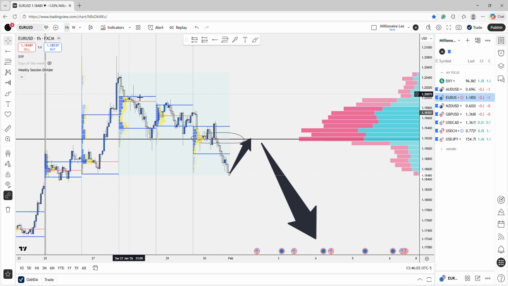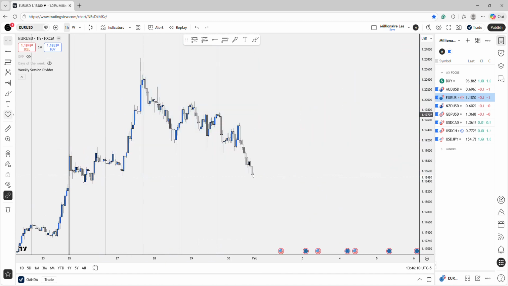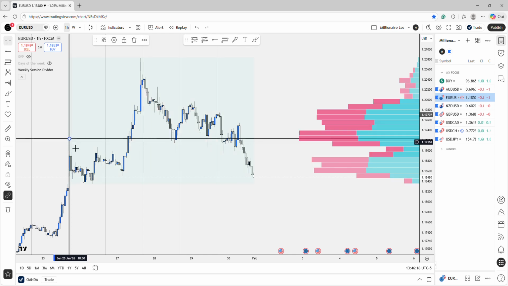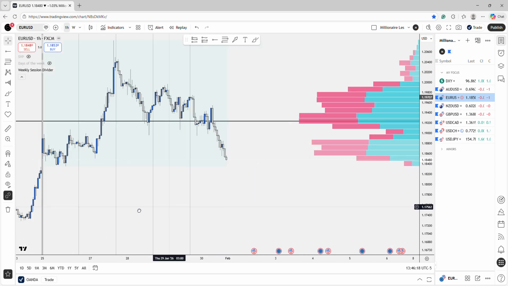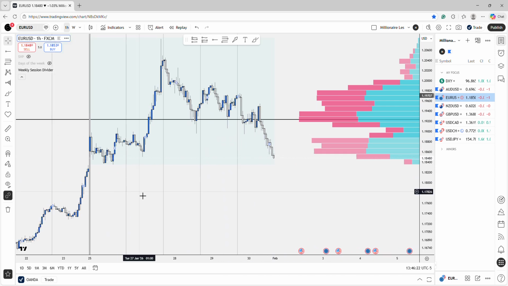But yeah, you anchor that volume to a specific area, and then it shows you opportunity and outcome. If I removed that and anchored it from this weekly candle, it shows me where a lot of volume was traded on that weekly candle. Just possibilities.